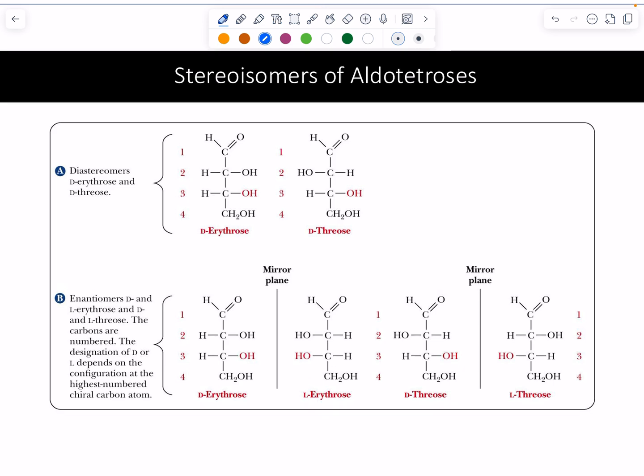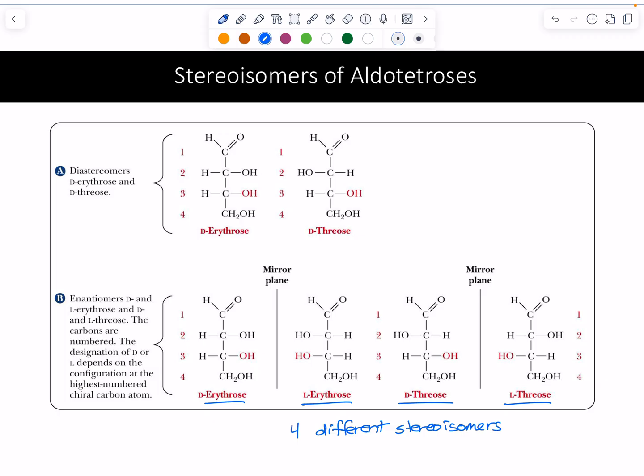Aldotetroses are going to have 2 chiral centers, and that gives rise to 4 different stereoisomers: 2 D forms, D-threose and D-erythrose, and 2 L forms, L-erythrose and L-threose. So we have a total of 4 different possible stereoisomers.